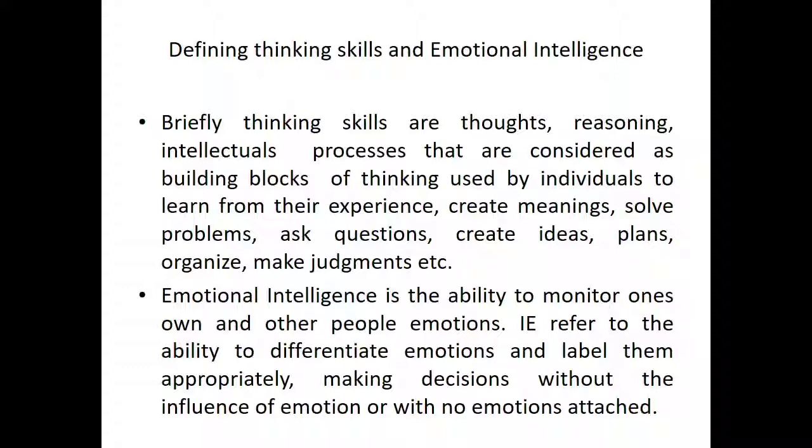Briefly, thinking skills are the thoughts, reasoning, and intellectual processes that are considered building blocks of thinking, used by an individual to learn from their experiences, create meaning, solve problems, ask questions, create ideas, plan, organize, and make judgments. While emotional intelligence is the ability to monitor one's own and other people's emotions, EI refers to the ability to differentiate emotions and label them appropriately, making decisions without the influence of emotions or with no emotions attached.